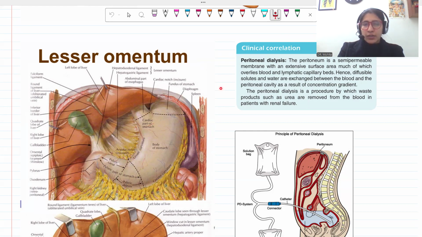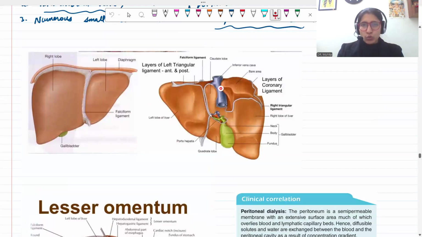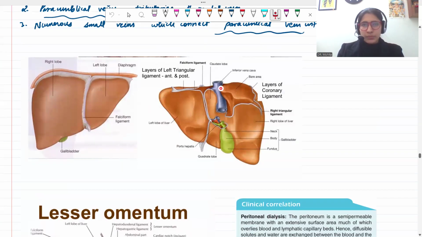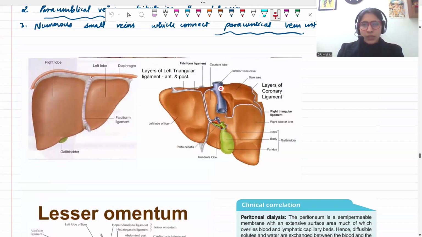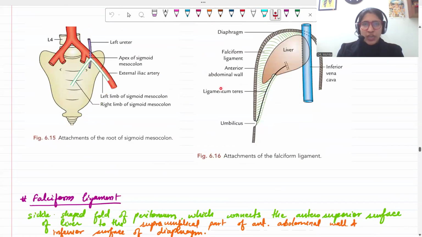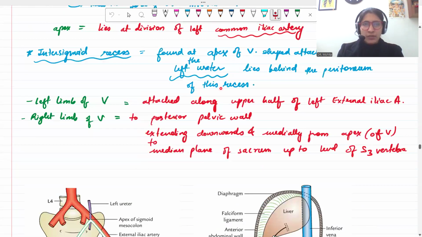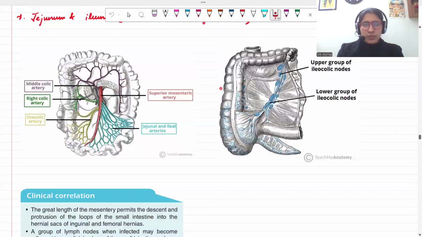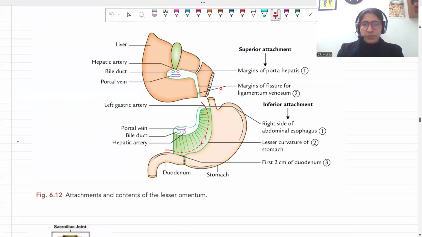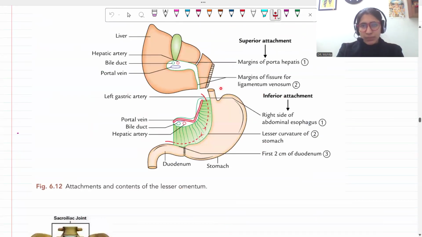Is it fine? But on the liver, I'll show you. On the liver, it is attaching in a J-shaped manner. I'll take another diagram here. Can you see the J shape?